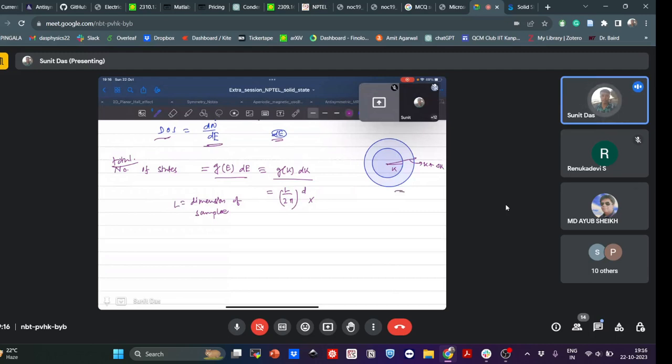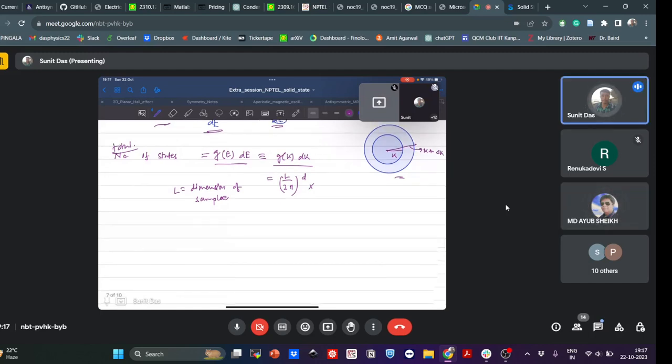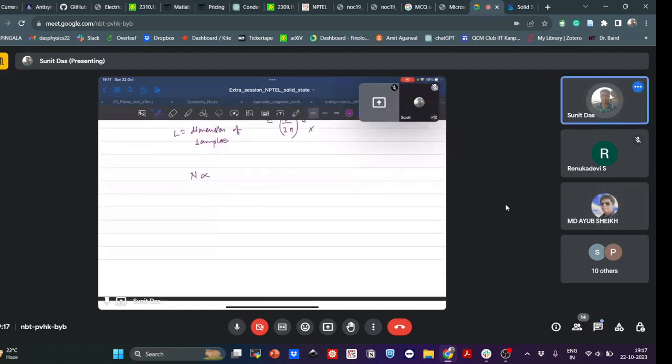In this case, n is proportional to k to the power 3. If I go by the massless case, then n is proportional to k cube, so dn/dE will be proportional to k square.